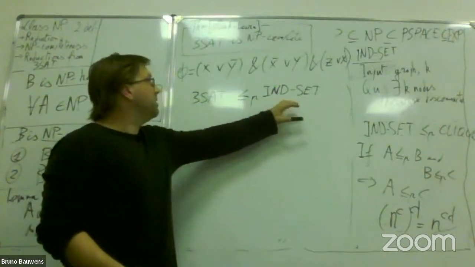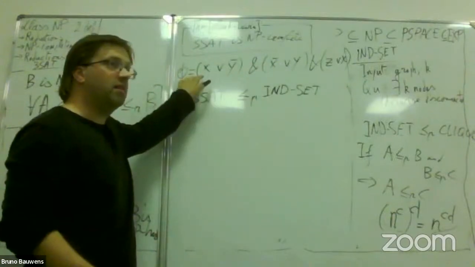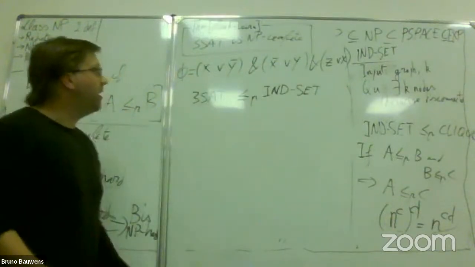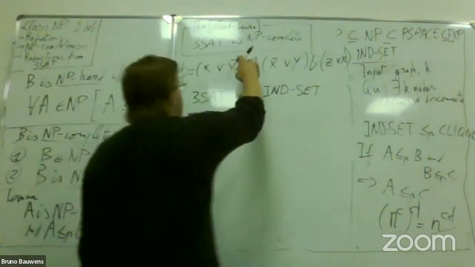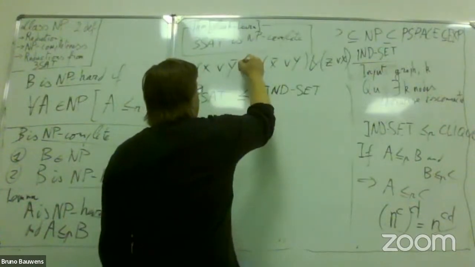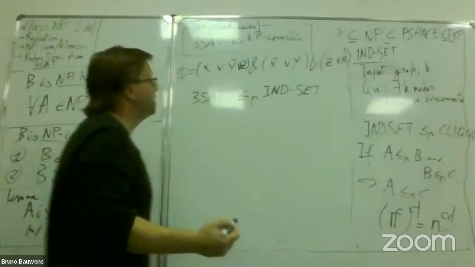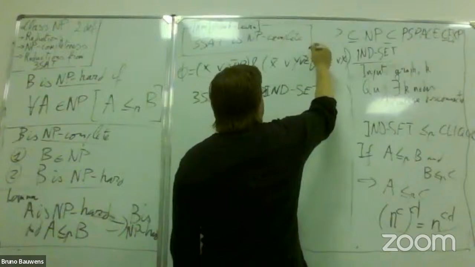So let's do it with an example. Here we have a formula from 3-sat. Every clause has length at most 3. For convenience, let's add some clause of length 3, otherwise let's at least make the picture a bit nicer.